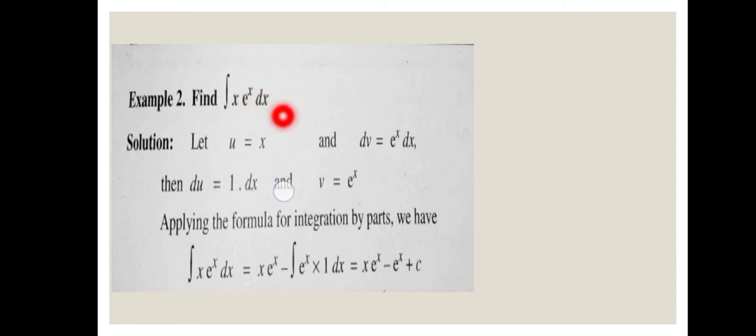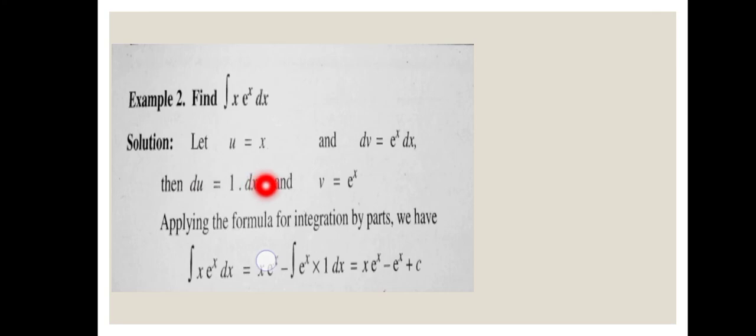We will apply the same formula here, the formula of integration by parts, and we have to decide what is the first function and what is the second. We will just use the Eilert technique, and by using the Eilert technique, the algebraic function should be the first, and the second function is the exponential function. U is equal to x and dv is equal to e raised to the power x dx.